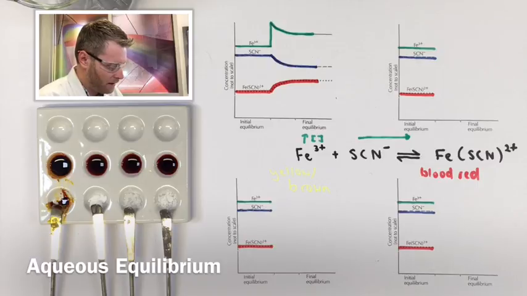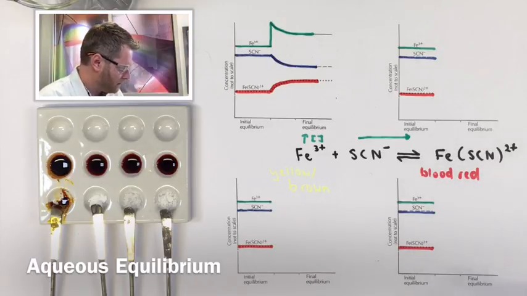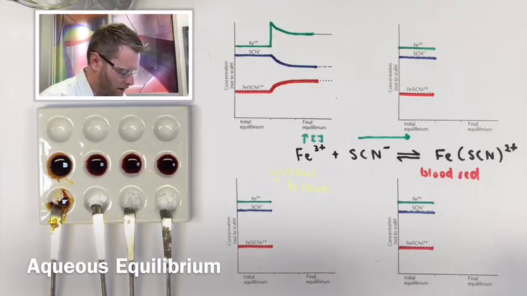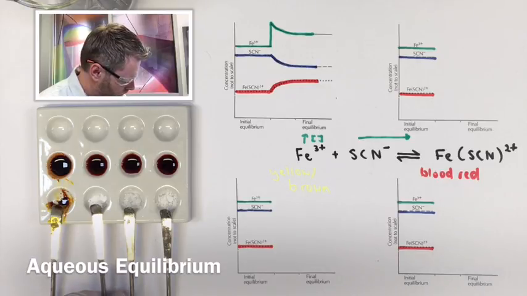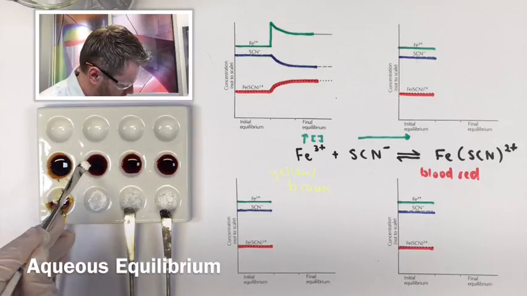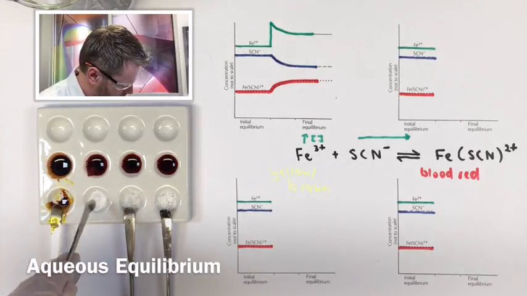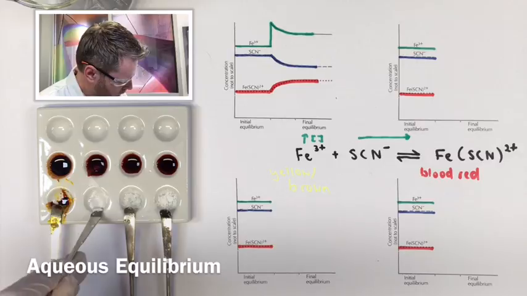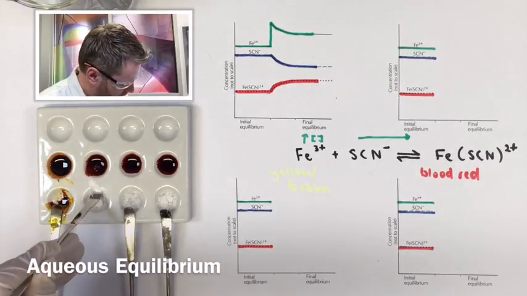Alright, in the second graph we're going to change a different quantity now. So for the second one, we're going to add some ammonium chloride, and we'll see what happens. Right, so I'm just adding a few rice grains of the ammonium chloride. Give it a bit of a stir.